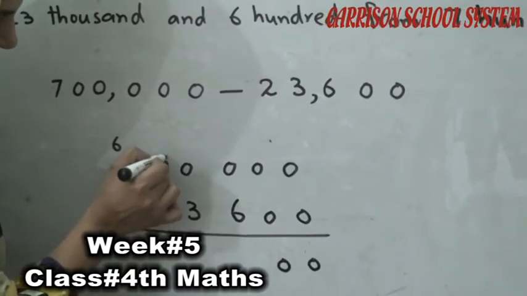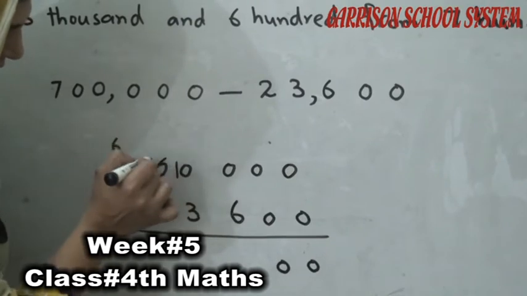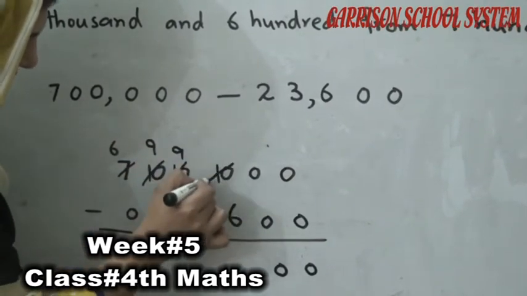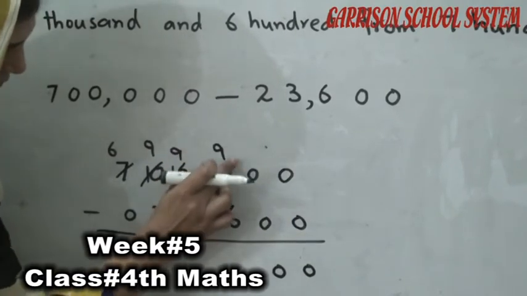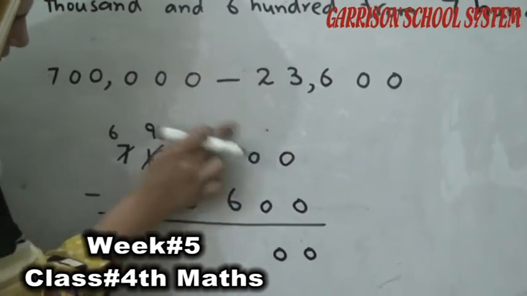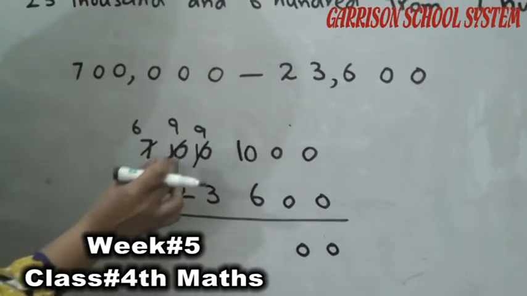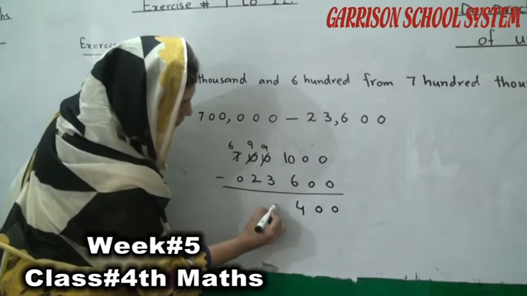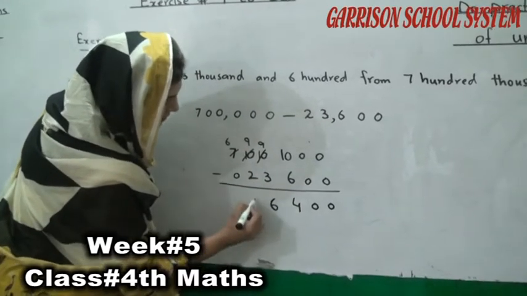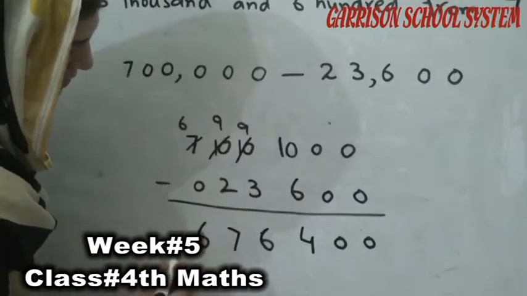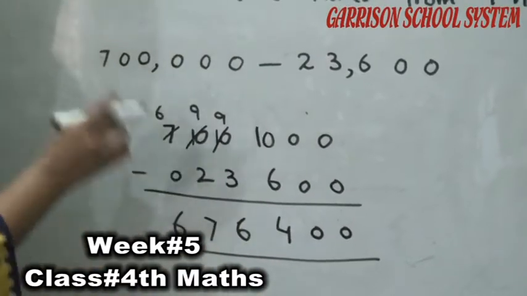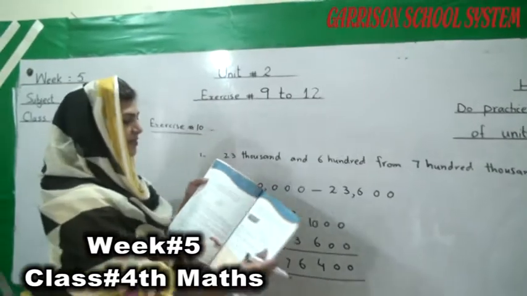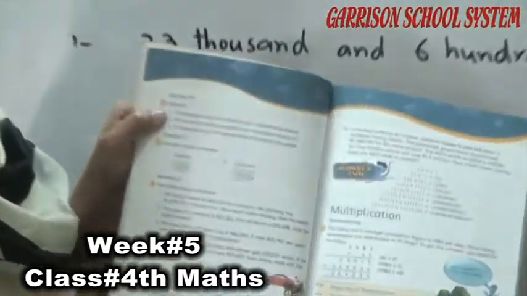When we carry 1 again, here will be 9, and again 9, and this will be 10. So 10 minus 6 is 4, 9 minus 3 is 6, 9 minus 2 is 7, and 6 stays as it is, because 6 minus 0 is 6. So this is question number 1 of exercise number 10 that I have solved.